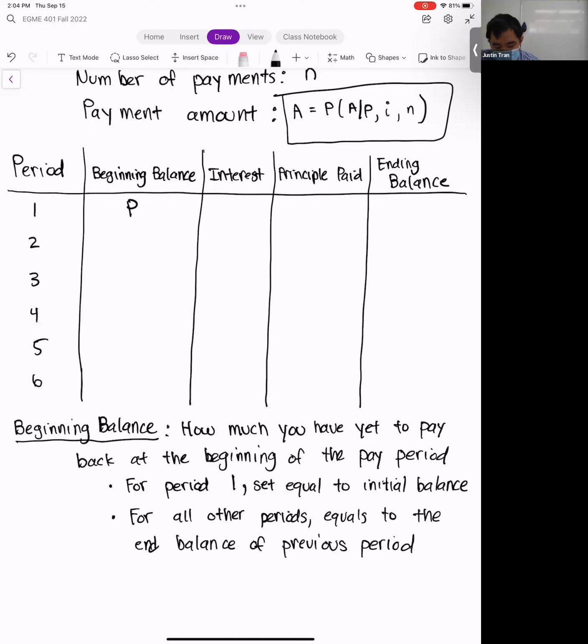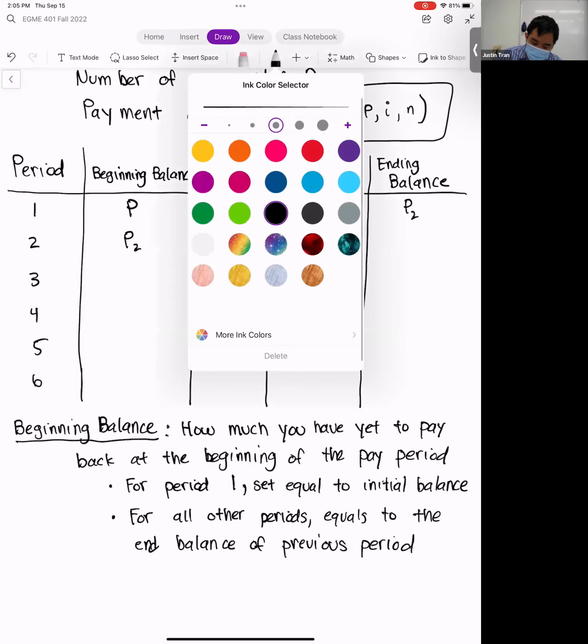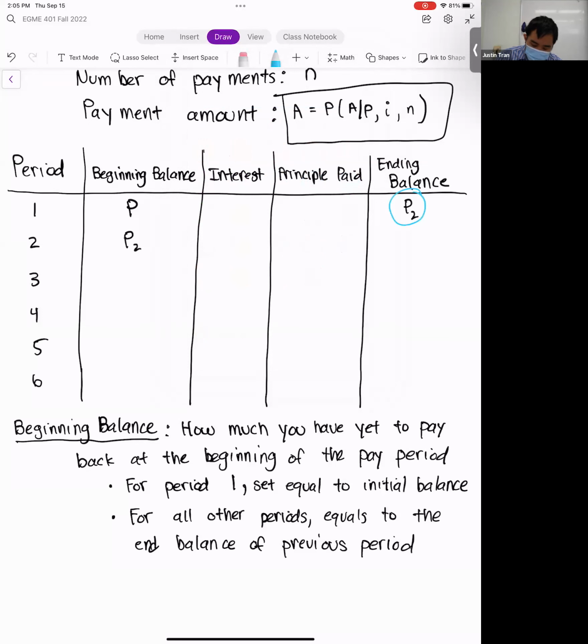Let's say at the end of year 1, we end up with an ending balance of, we'll call it P2. That's after we subtract the principal paid. The beginning balance for period 2 is going to be P2. Whatever we ended with at one time period, we're going to start with at the next one.